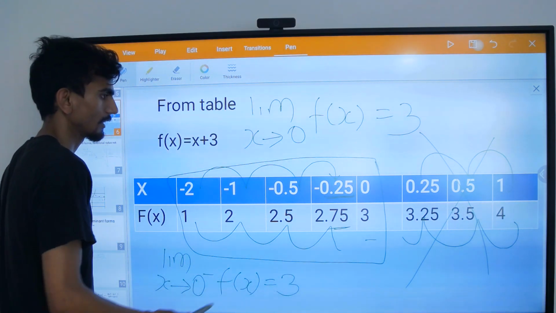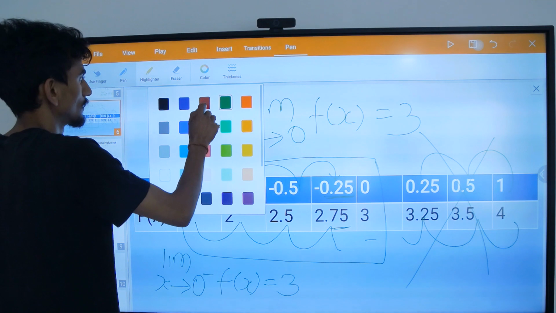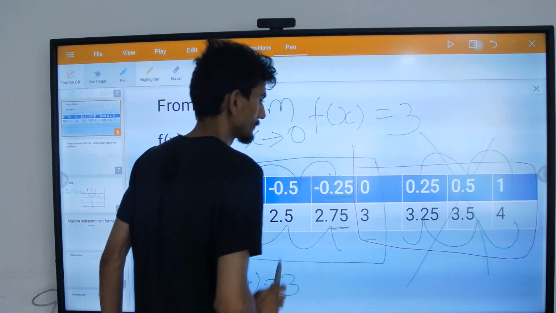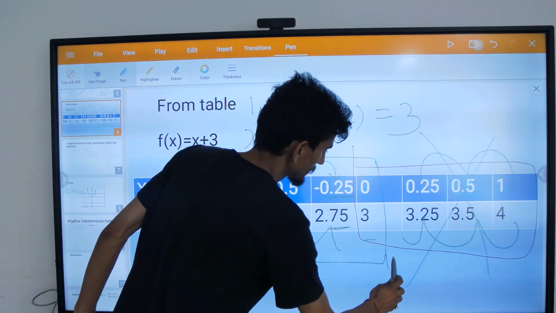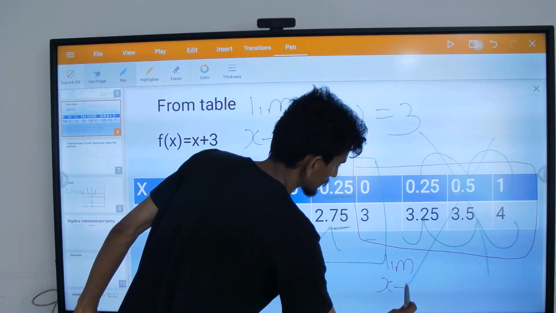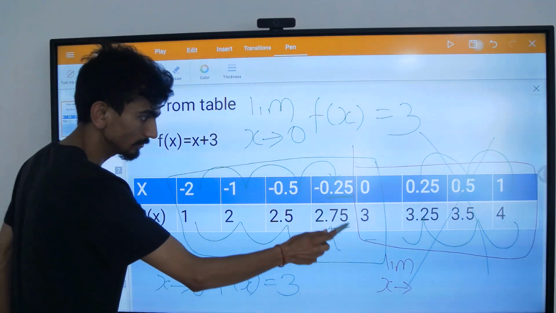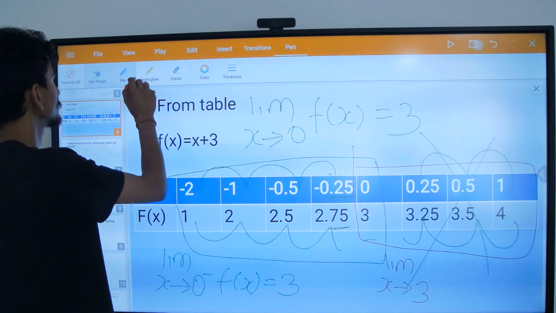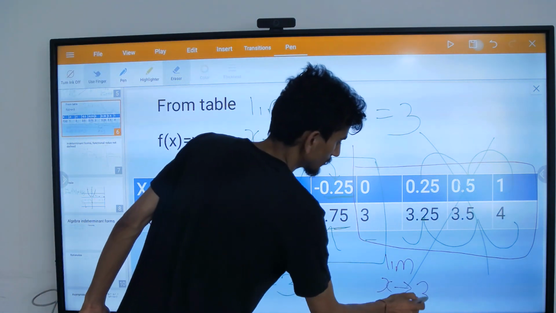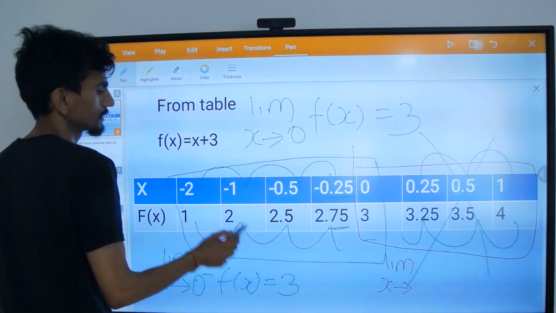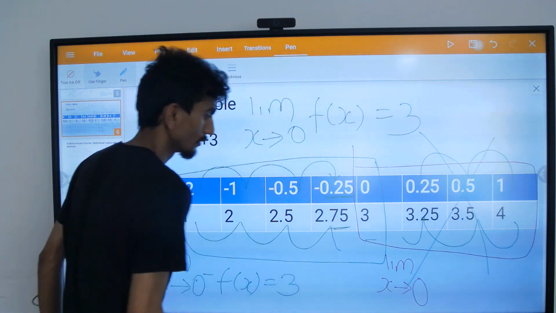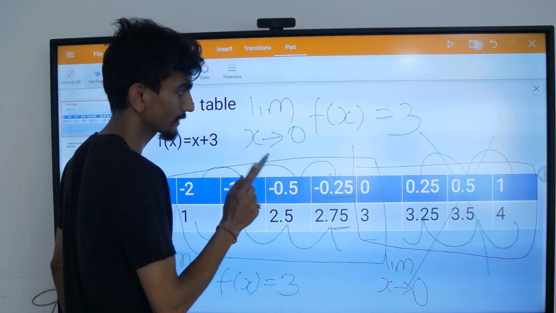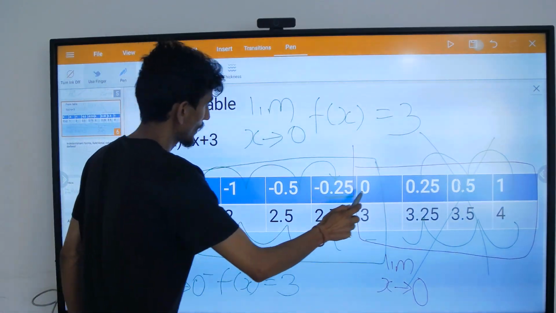3. Again, if we need to see the right part, that is also called the right hand limit. Limit as x tends to 0, but we are not taking less than 0, we are not taking more than 0.